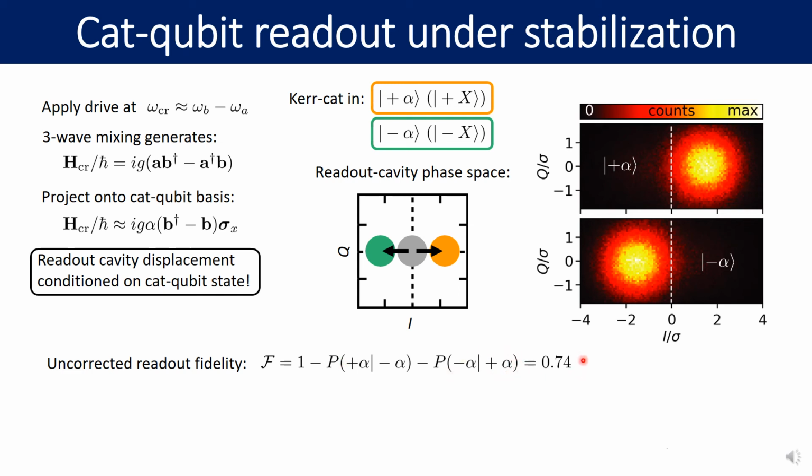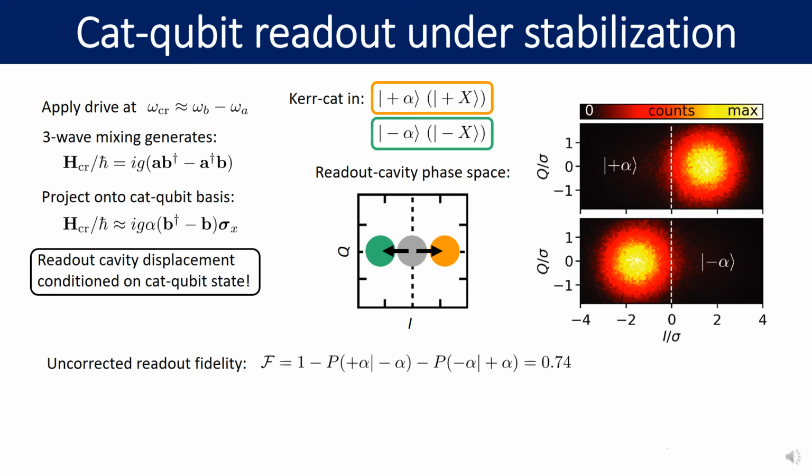It comes out to be 0.74, so 74%. But this is uncorrected, meaning specifically, for instance, it does not correct for state initialization errors, such as the thermal population of our Fock state qubit, which by itself contributes about 8% of infidelity.